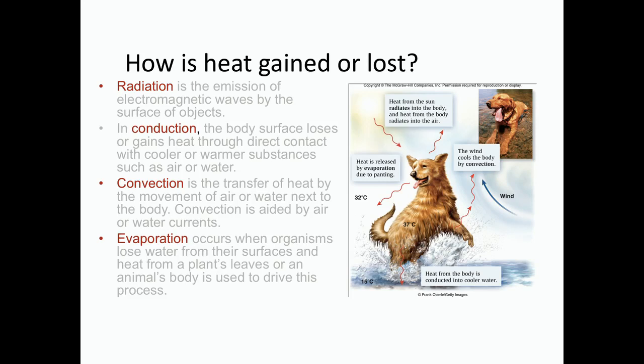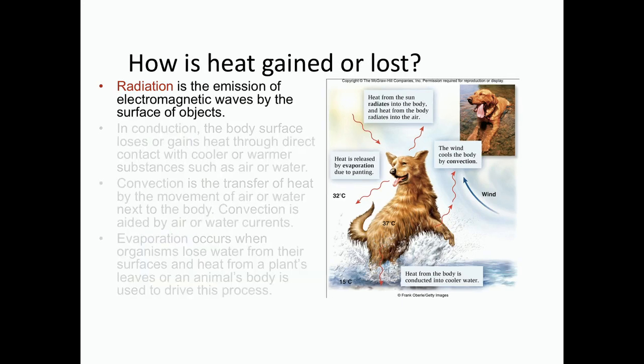And before we get into the specifics of how energy impacts organisms and how organisms can survive in different temperature conditions, I want to look at how this heat energy is transferred between different organisms or even within different organisms. So the first one is radiation.